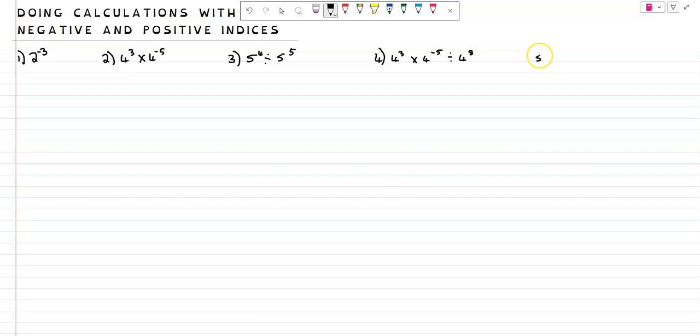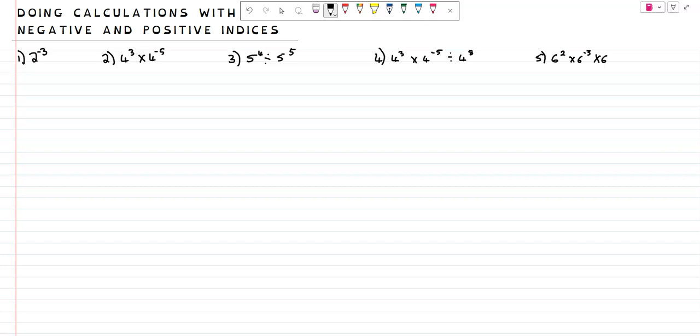And question number 5, which will be our most difficult one, would be 6 to the power of 2 multiplied by 6 to the power of negative 3 multiplied by 6. Okay, something that we haven't seen yet.